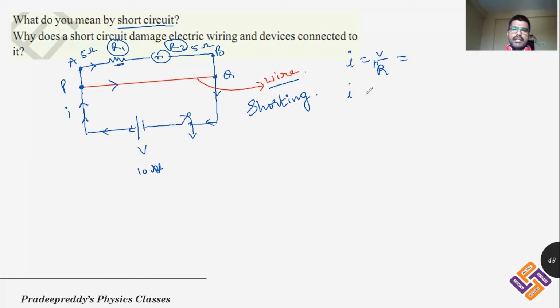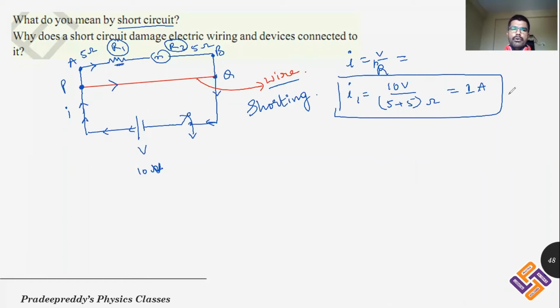Then the initial current I1 will be equal to 10 volt divided by R1 and R2 in series, that is 5 plus 5 ohm, which is equal to 1 ampere. Actually, 1 ampere is the current which should flow in the circuit without any shorting.